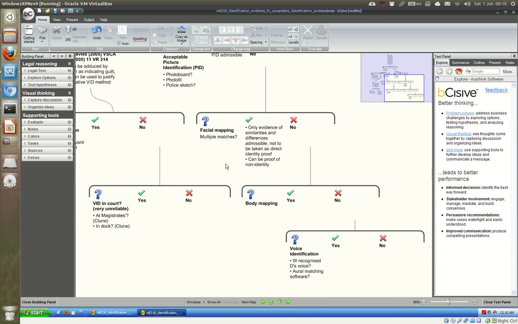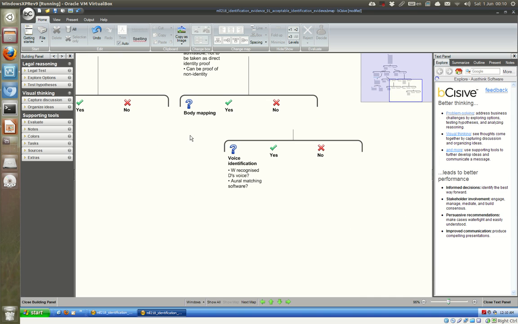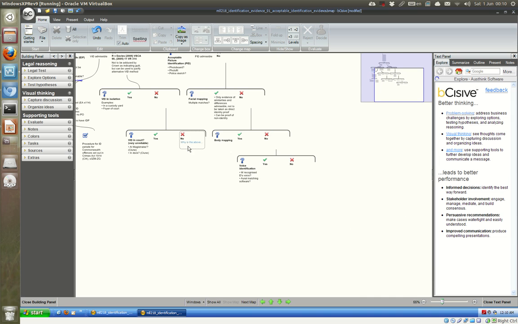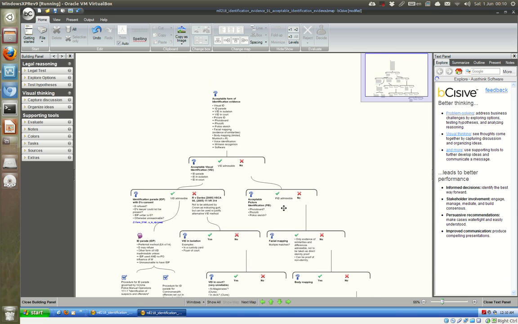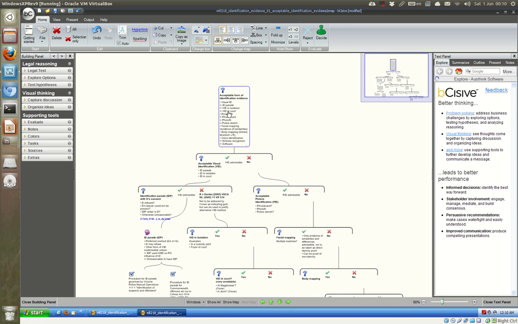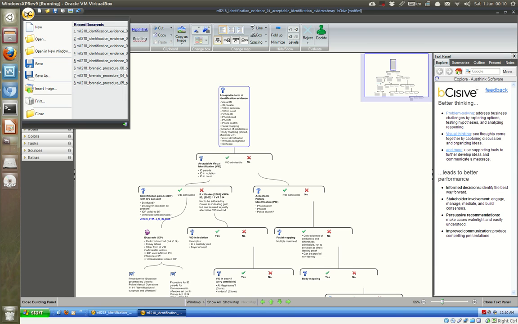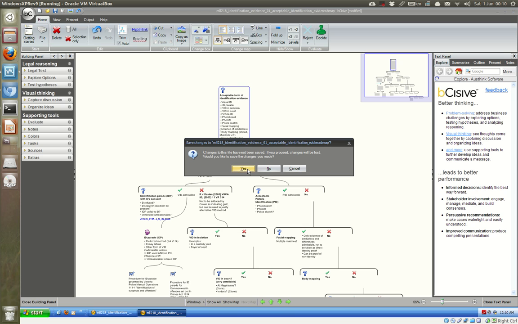Body mapping is similarly hazy, and voice identification, there isn't really anything to add to that. So that's pretty much an overview of the acceptable forms of identification evidence.